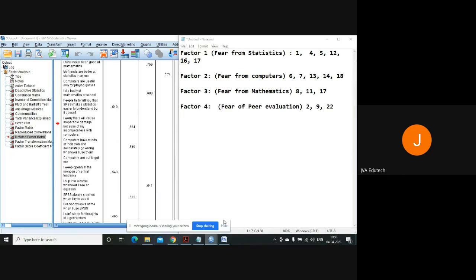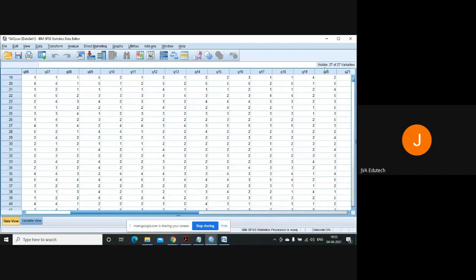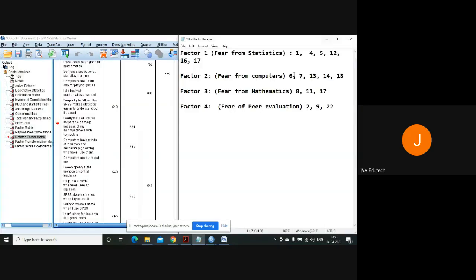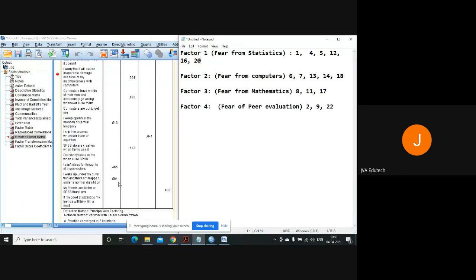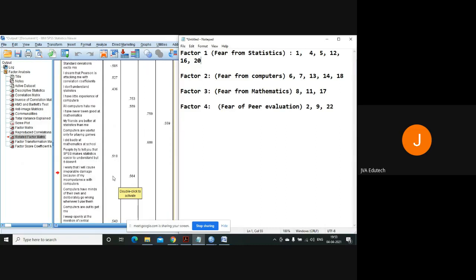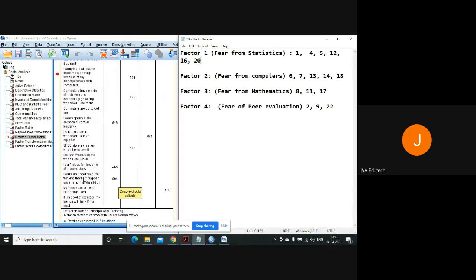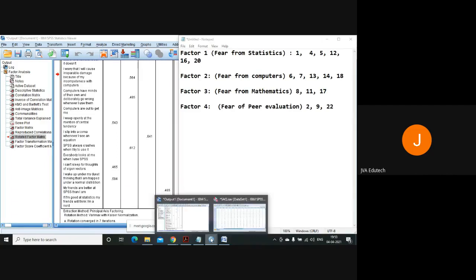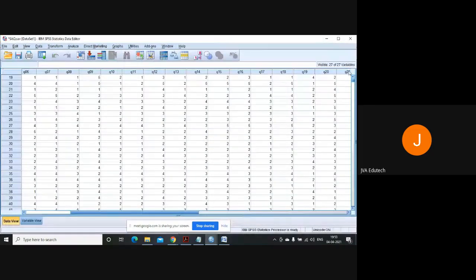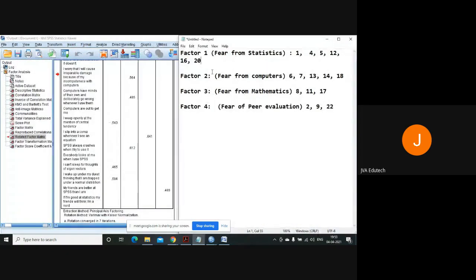This is actually item 20, we have taken it wrongly. It's not 17, it's 20. And even this statement, "I wake up under my duvet thinking that I'm trapped," this question is item 21. We have missed it out.